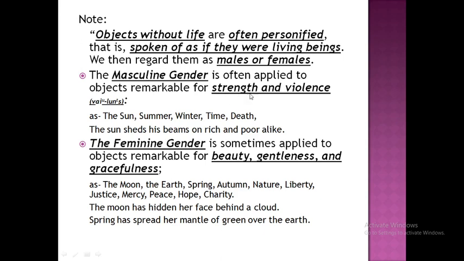In masculine gender we put non-living objects or abstract nouns which are very strong or violent, and things which are very soft and kind come in feminine gender. Strength and violence are nouns in the masculine category, and beauty, gentleness and gracefulness come in feminine gender. So please understand. If nothing is clear out of this slide, all of you can ask me.